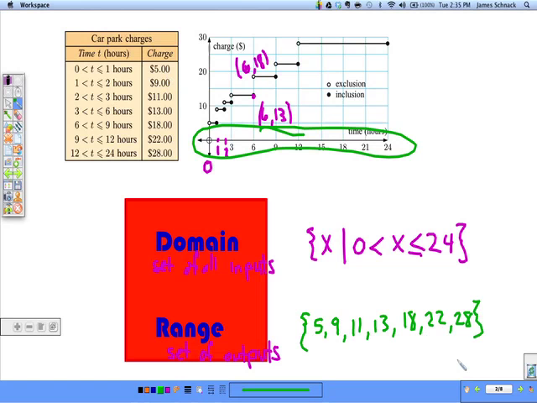The range in this case is just a list of numbers. It doesn't go on forever. It's not everything between 5 and 9. It could be 5, or it could be 9, or it could be 11. And it's just a discrete list of numbers, as opposed to a continuous interval like this. You really have to evaluate the graph and see what's going on.